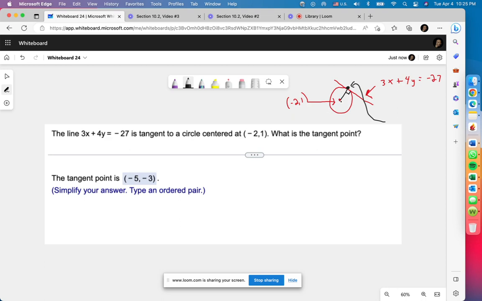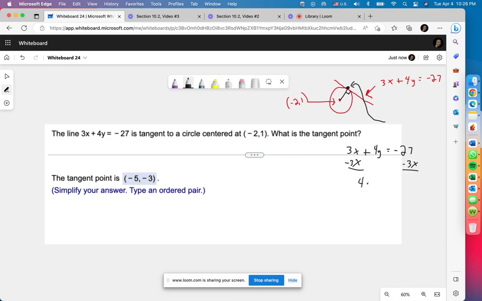Well, the way you do that, I need to first find the slope of the equation of the line that they gave me. So I need to take 3x plus 4y equals negative 27 and find the slope of that line. How do I do that? Let's see, solve for y. Remember y equals mx plus b? If not, you're going to remember now. So I'm going to subtract 3x on both sides.